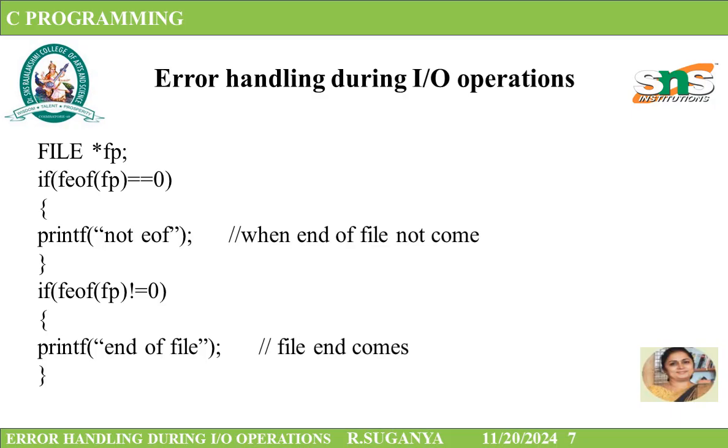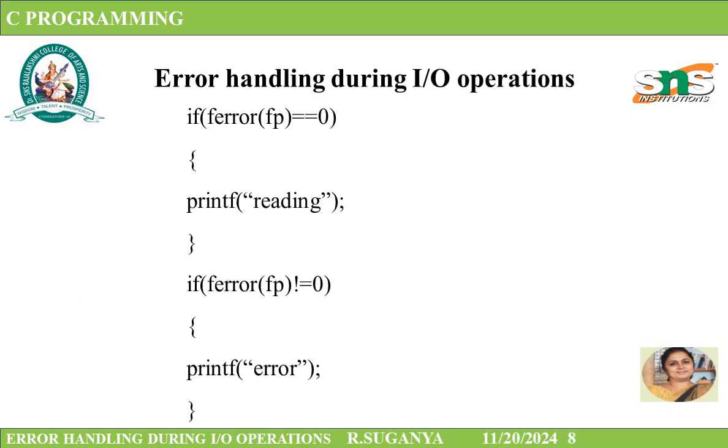If ferror of the file pointer is equal to 0, then it is still reading. If ferror of the file pointer is not equal to 0, then there is some error. So this is the concept.